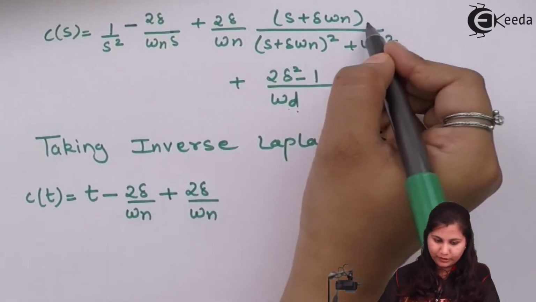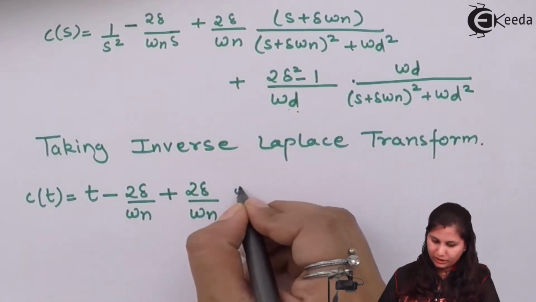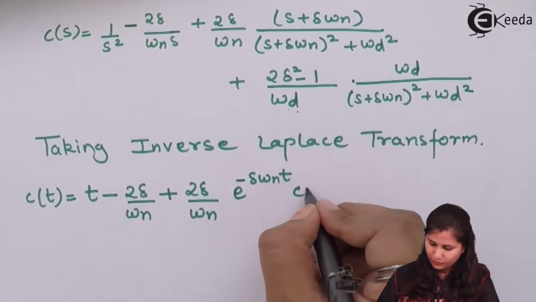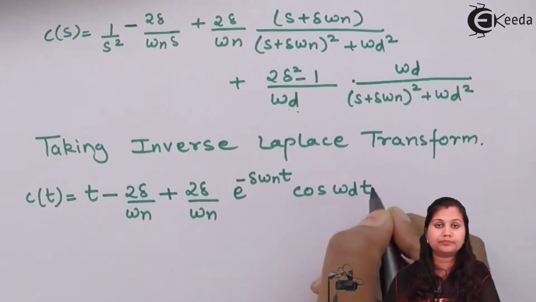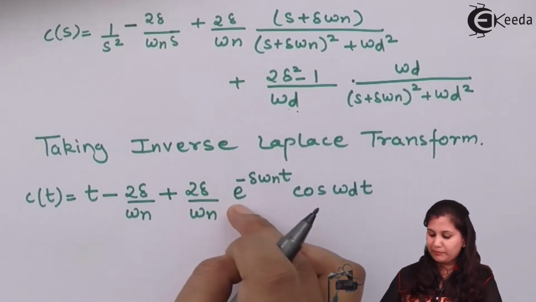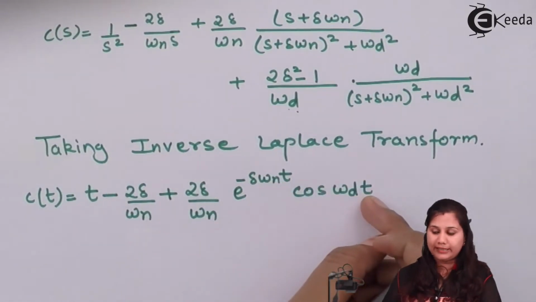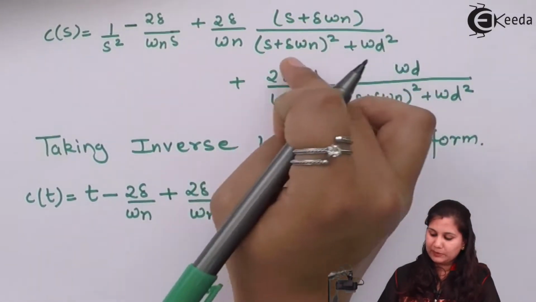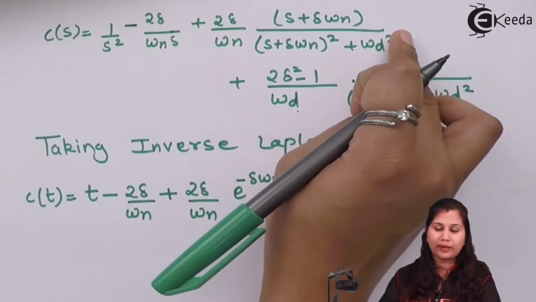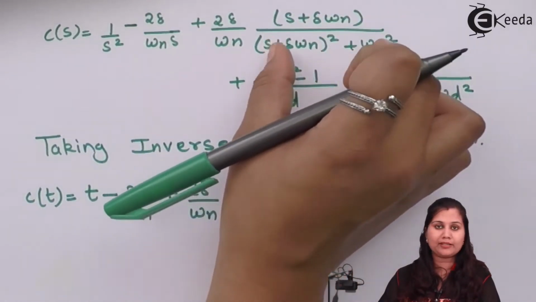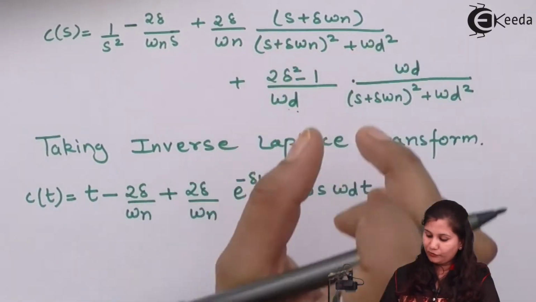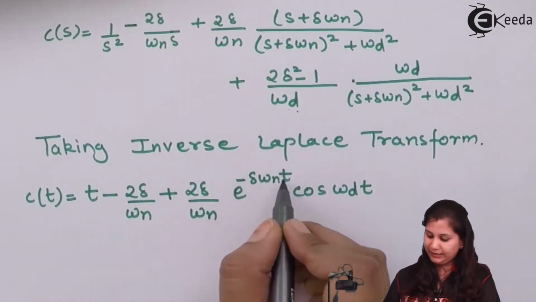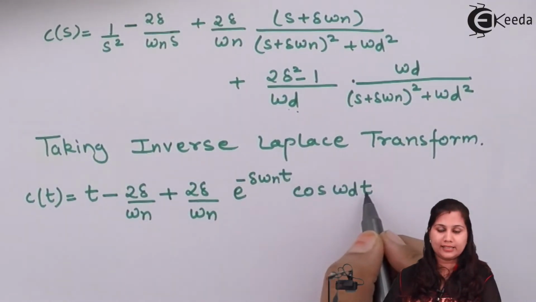Then this will form the inverse Laplace transform of e raised to the power minus del omega n t and cos of omega d t. Because this is e raised to the power minus at cos omega t, so this is (s plus a) upon (s plus a) whole square plus omega square. This is the standard inverse Laplace transform formula. So we have just replaced it by e raised to the power minus del omega n t and cos of omega d t.